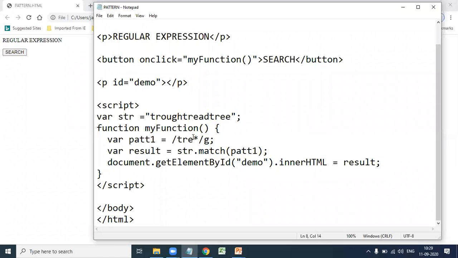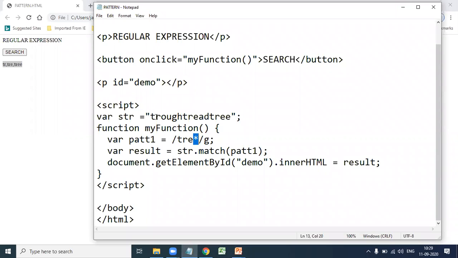Here TRE star means it matches the preceding character 0 or more times. The preceding character before the star is E, so that means 0 E's, 1 E, 2 E's.